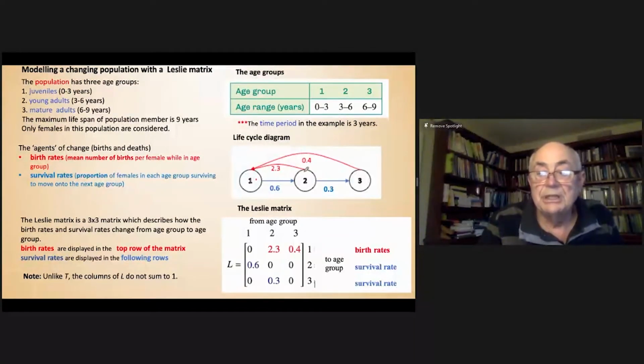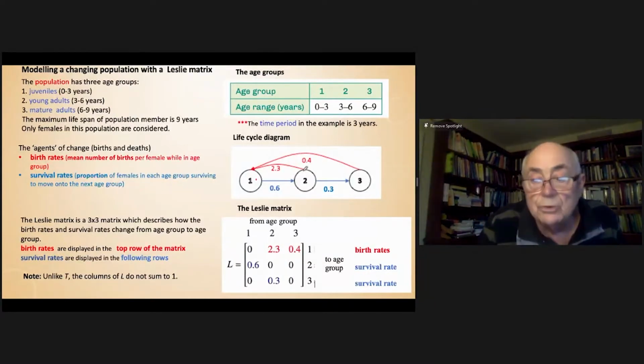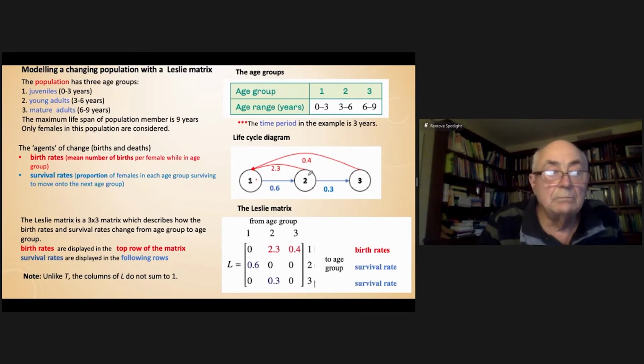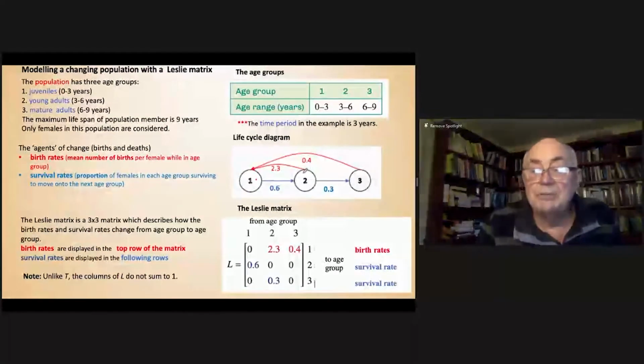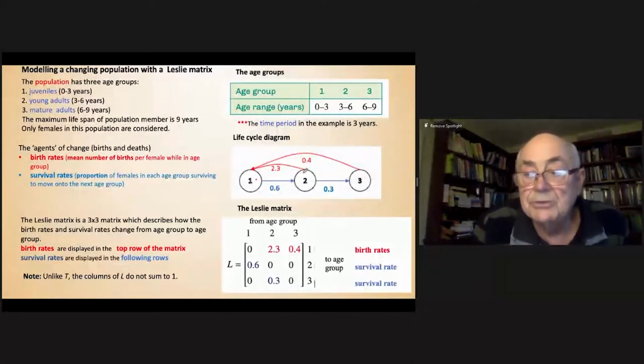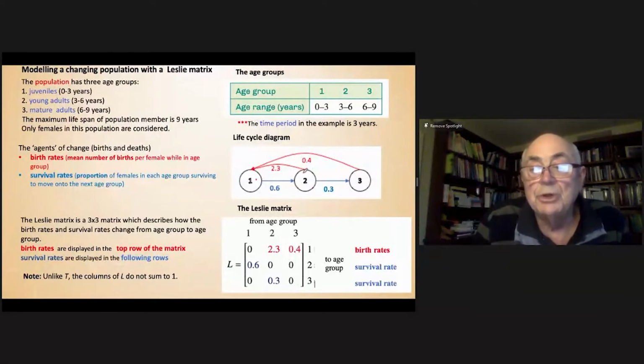So we can see there's a red arrow going between age group 2 and age group 1. They're the pups and they're the young adults. The 2.3 tells us that the average number of pups produced by a female in age group 2, a 3 to 6-year-old female, is 2.3.